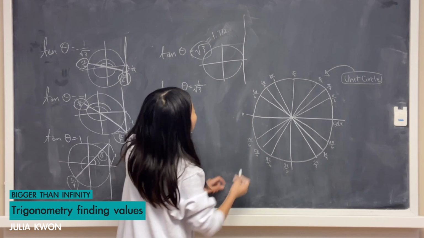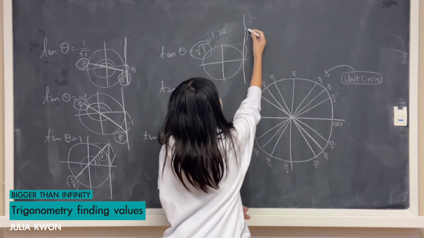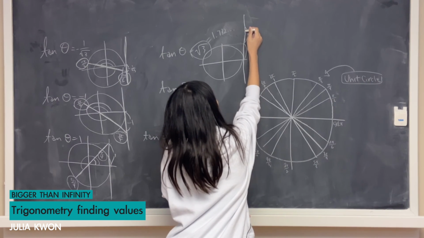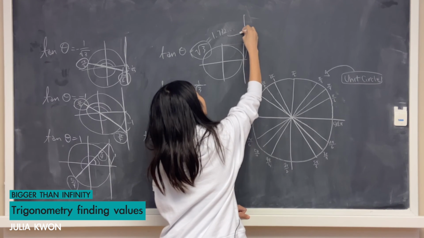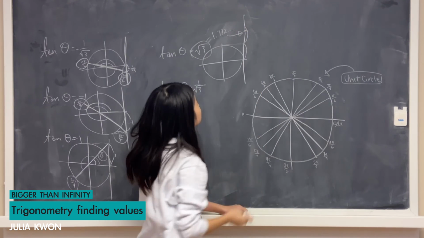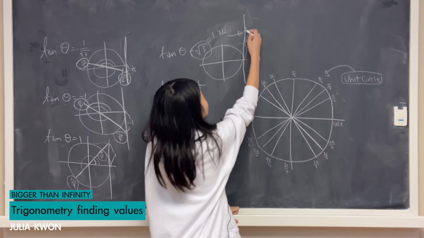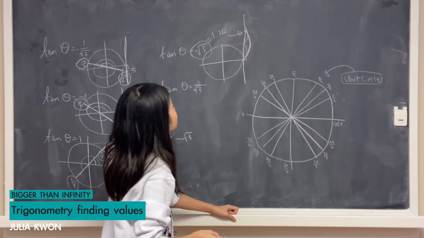So this is 1, here's 2, and it's a little bit less. So like here's the point 1.732 here. So this whole length is 1.732, right?